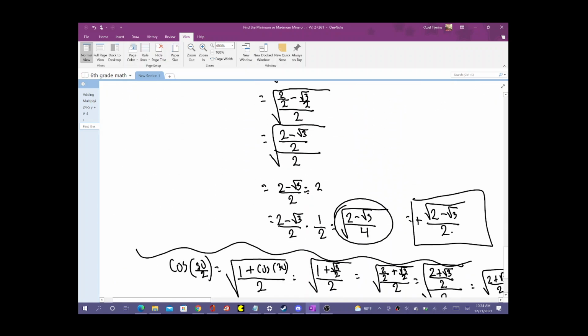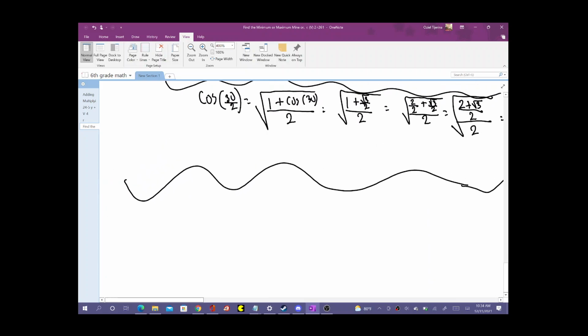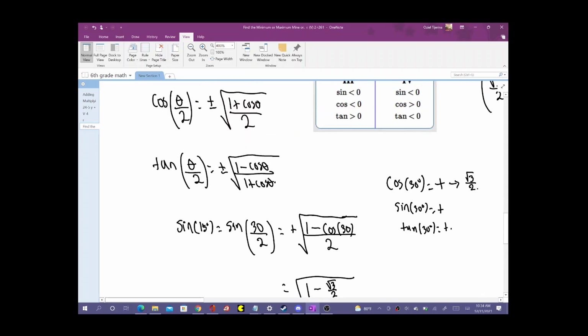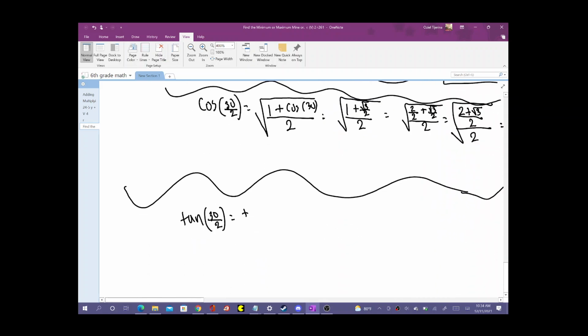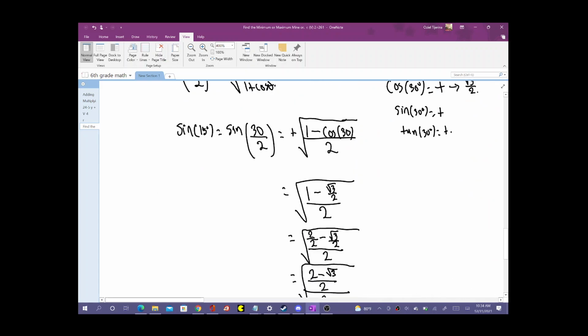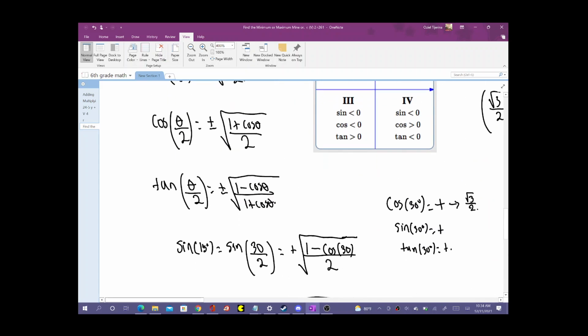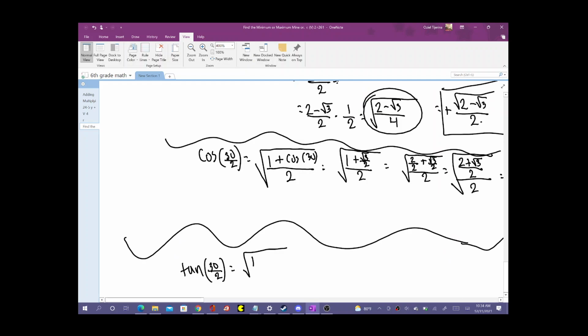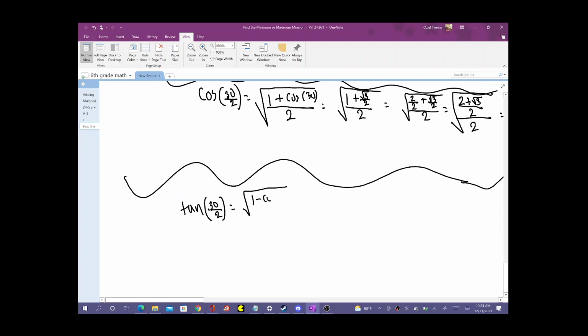Tan of theta over 2. So tan of theta over 2 is tan of 30 over 2. This is equal to the positive square root of, I think it's 1 minus cosine theta over 1 plus cosine theta. So 1 minus cosine of 30 over 1 plus cosine of 30.